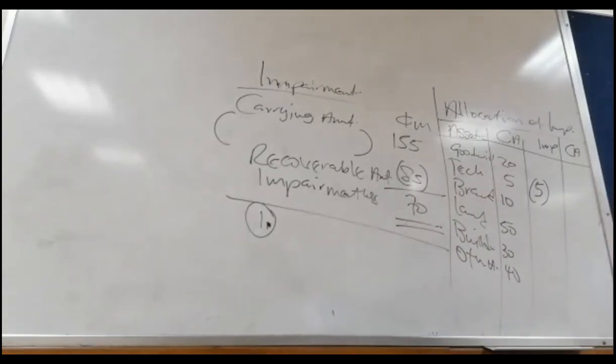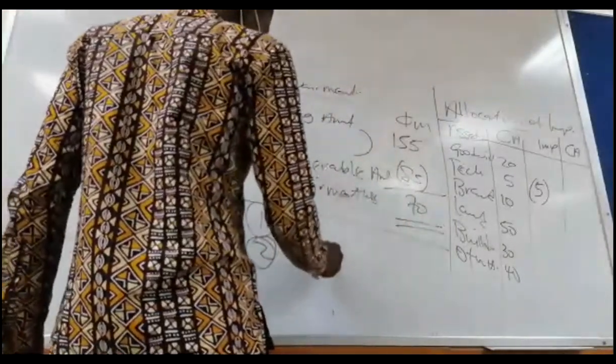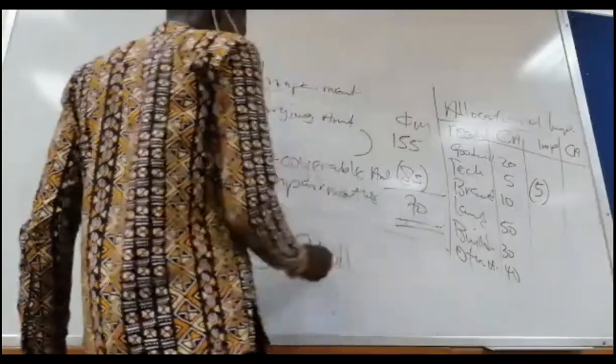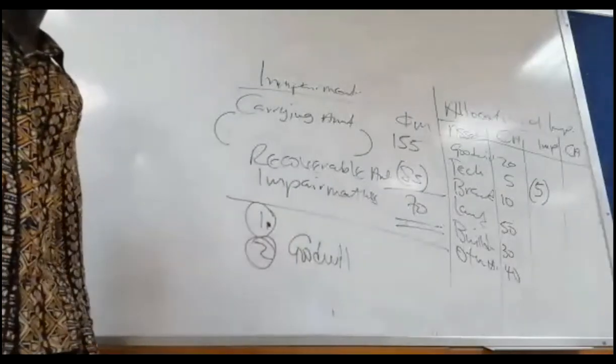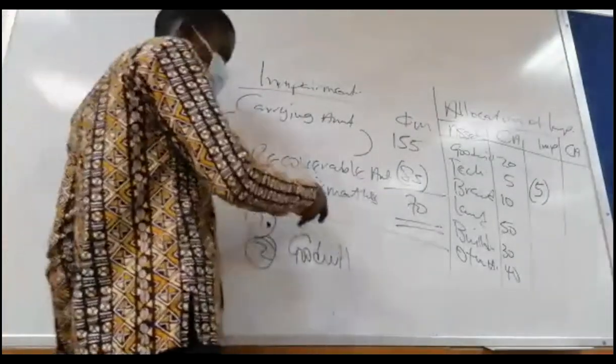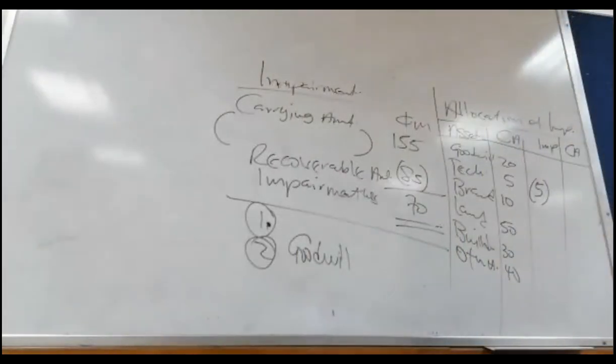Then second, after the obviously impaired asset, number 2, goodwill. Any goodwill must move. In certain situations, goodwill even comes first.